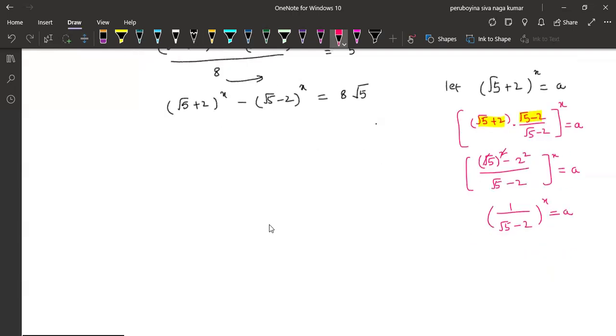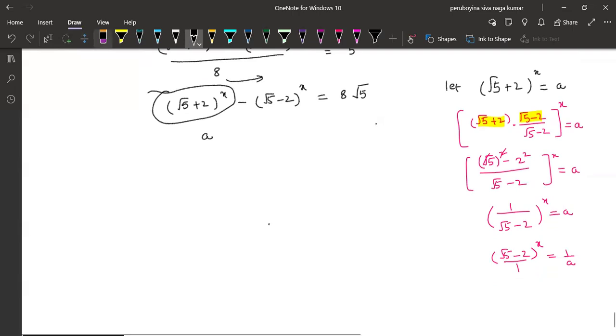If you reverse this fraction, root 5 minus 2 is equal to 1 by a. So now we have clarity that if you replace this entire whole power x value with a, the negative value should be 1 by a, and this is equal to 8 into root 5.